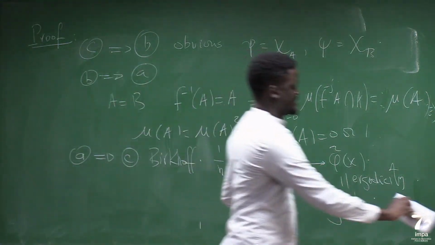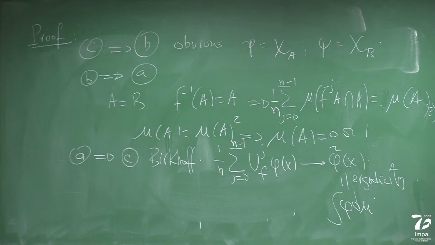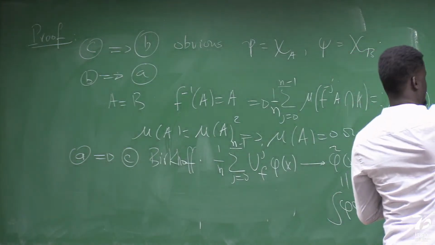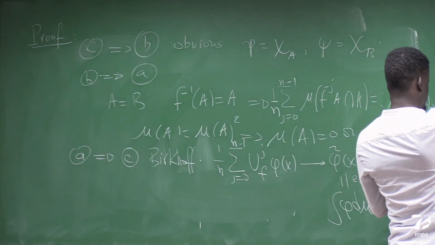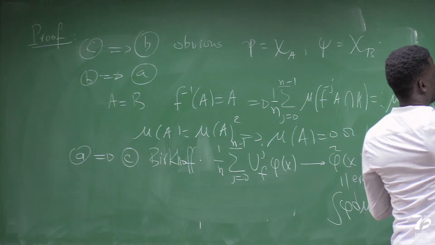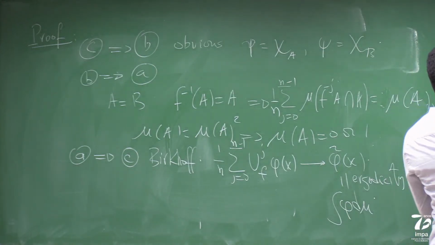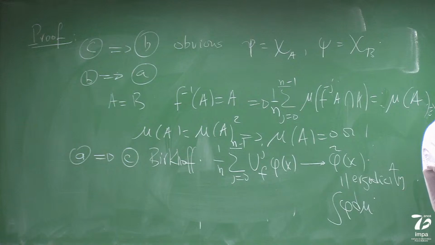In proving C, we are interested in multiplying by psi. So this is what we want to look at: the integral of U_F^j phi at x times psi d mu.